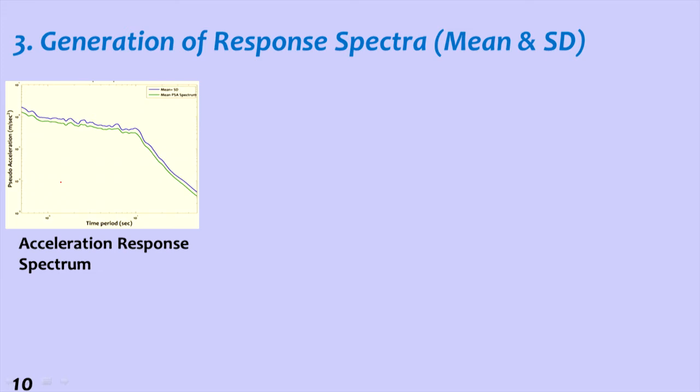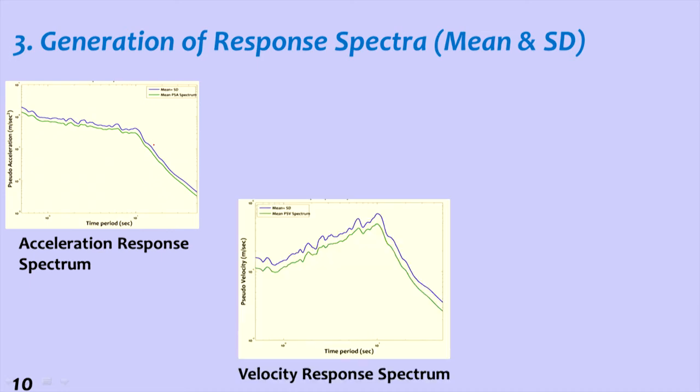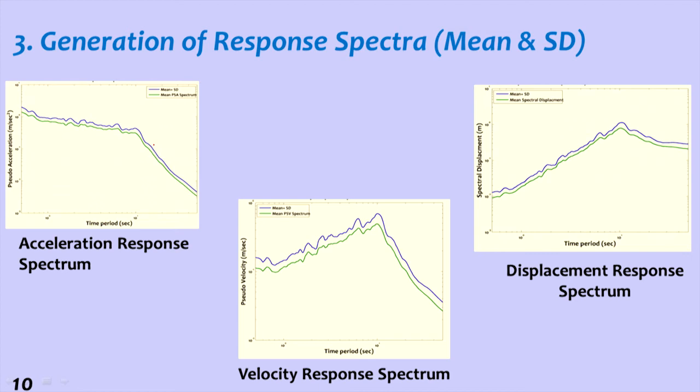So this is the mean response spectrum and then the mean plus 1 standard deviation response spectrum. Both are there now: mean plus SD, mean PSA, pseudo spectral acceleration spectrum, and similarly the velocity spectrum and then the displacement spectrum. This blue line is the mean plus 1 standard deviation, and the green line is the mean spectrum.